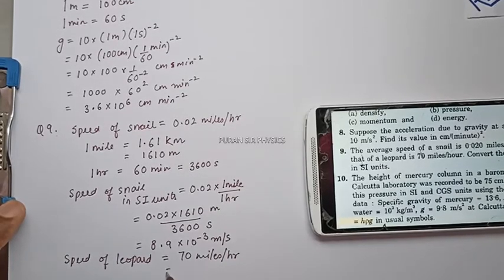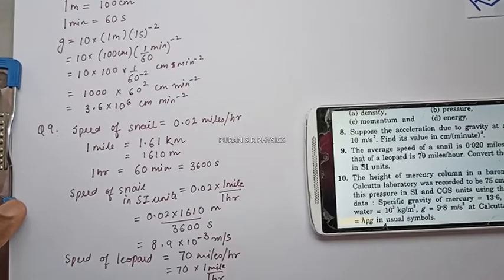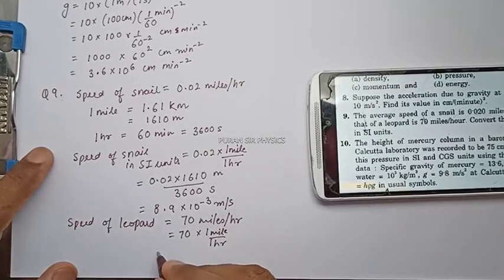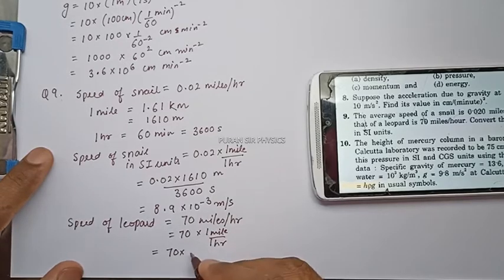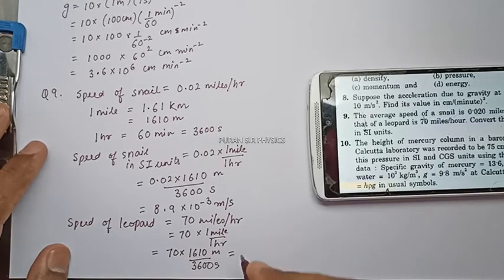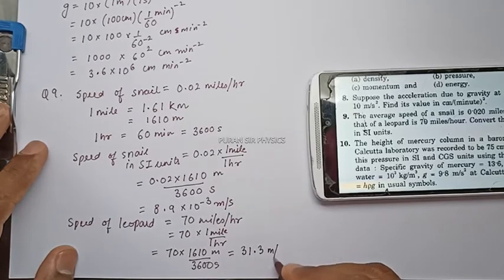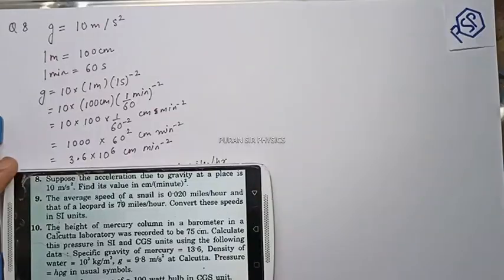Again we can write this as 70 into 1 mile upon 1 hour, and then substitute the values: 70 into 1610 meter upon 3600 seconds. So it comes out to be 31.3 meter per second. So this is the answer of question number 9.